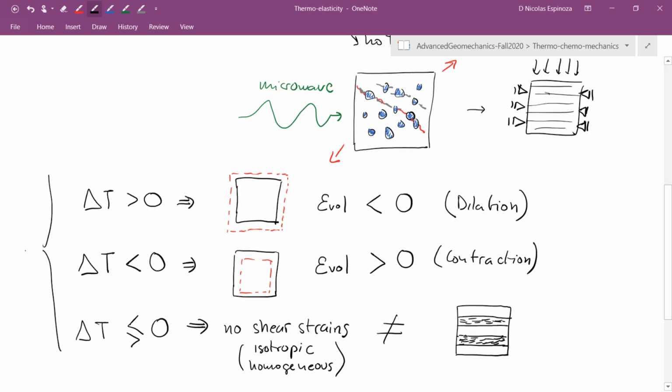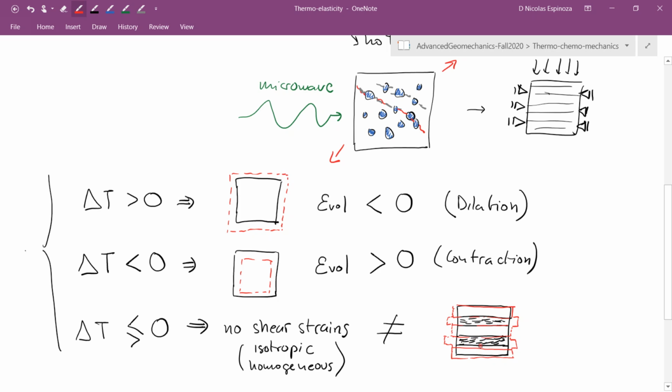So in this example, if I were to have a dilation coefficient which is different in this rock and in this rock, let's imagine that the first rock doesn't dilate as much as the other, you could expect a different dilation in these rocks, and in this composite heterogeneous rock that would cause shear strains and stresses inside the solid.